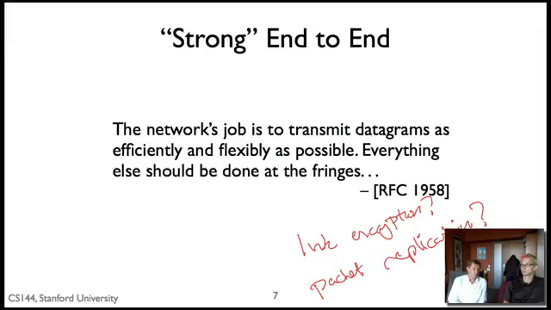And there's a very legitimate question: should the network replicate the packet, or should the sender replicate the packets? And so this is an area of lots of controversy and some great debate over the years. And so we will see that it's a guiding principle that is a very powerful principle, and has served the internet well in keeping it minimal, simple, flexible, and streamlined, although there is a constant vigilance to make sure that it stays that way.